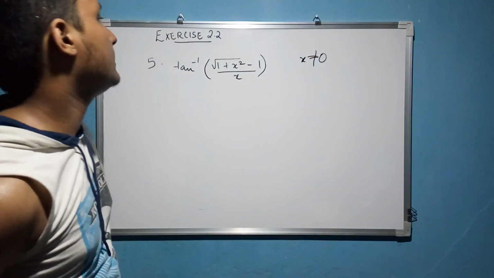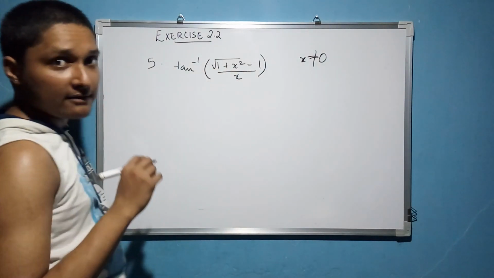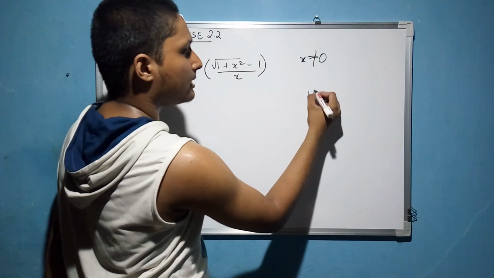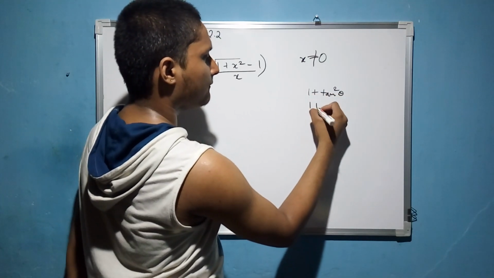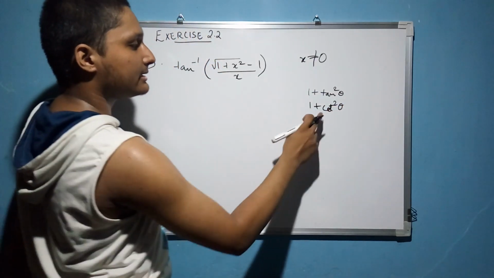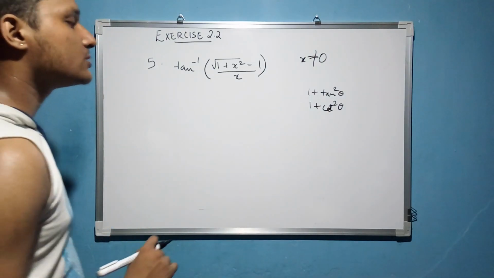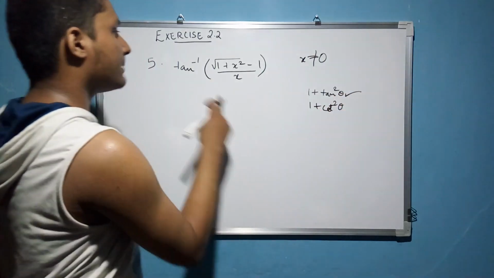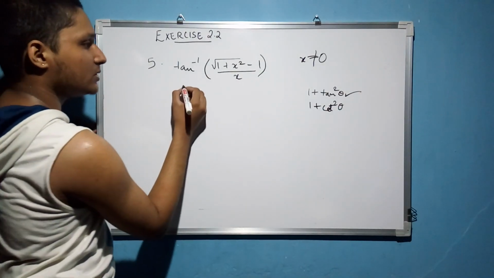If x cannot be equal to 0, so you have a 1 plus x square form. So I can now remember about 1 plus tan square theta and 1 plus cot square theta. This is sec square theta and this is cosec square theta. So the better one was tan square because this is tan inverse here, right? So I'll substitute.